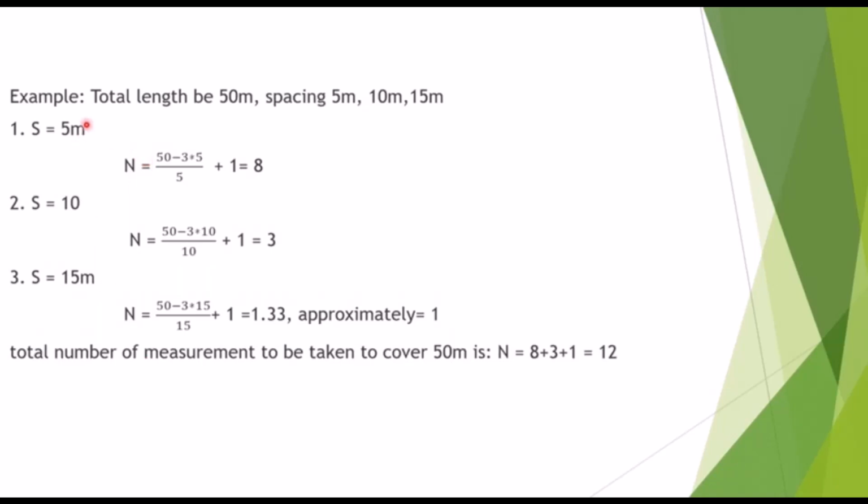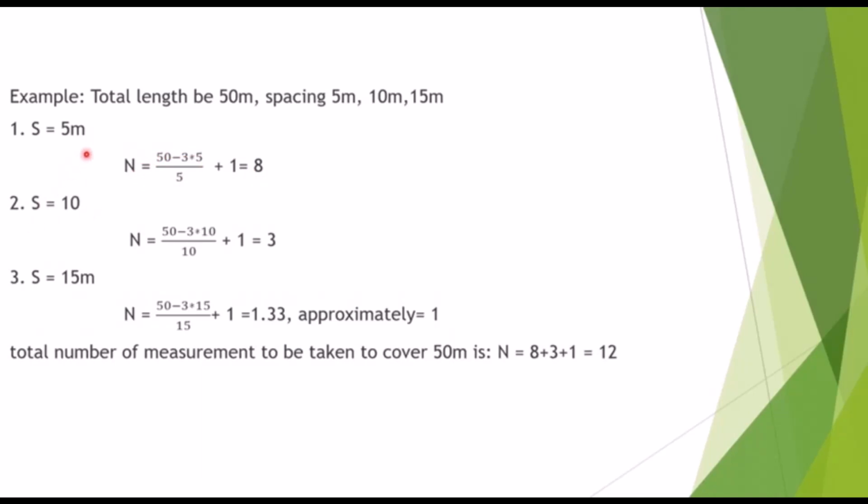For the spacing of 5 meters, n equals (50 minus 3 times 5) divided by 5, plus 1, equal to 8. So here we are getting the measure number as 8.